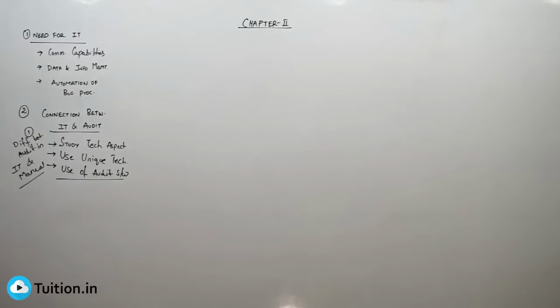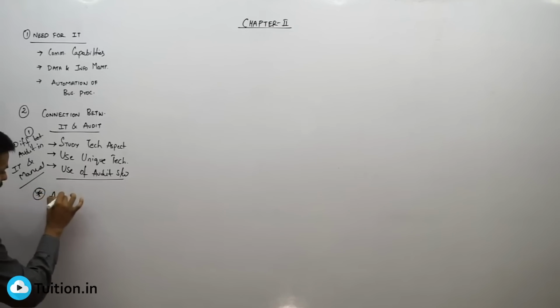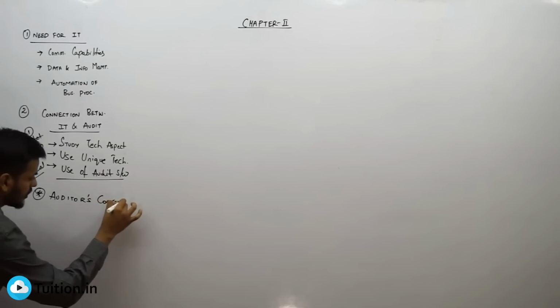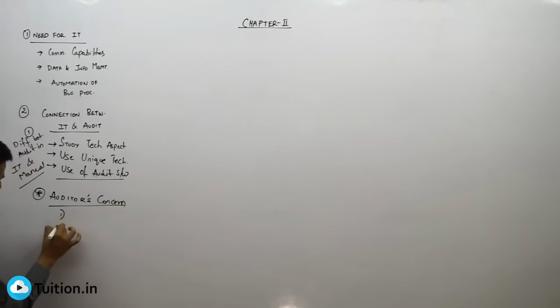You can put the heading for that particular point as the auditor's concerns, right? So the other important concept that I'm putting here is the auditor's concern, and there are 3 points under which the auditor's concern is categorized. The first of which talks about, right, he has to apply some new criteria.